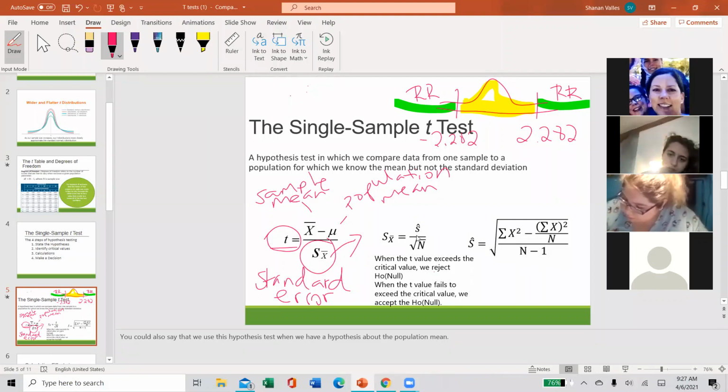It's this one that we're going to have to calculate.